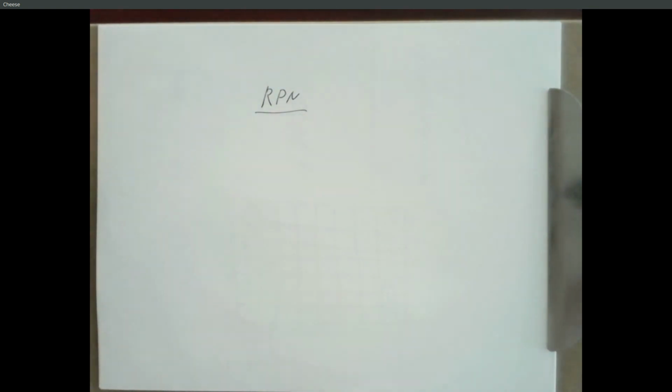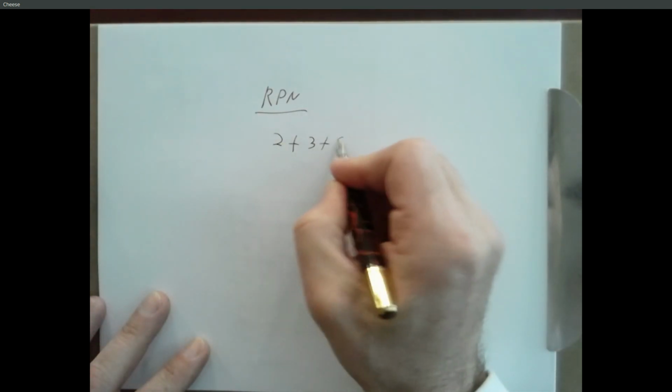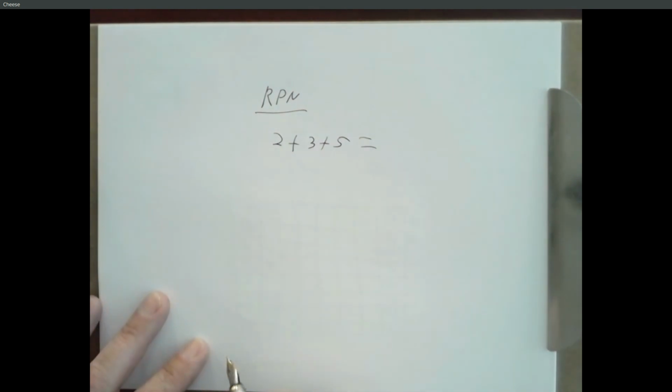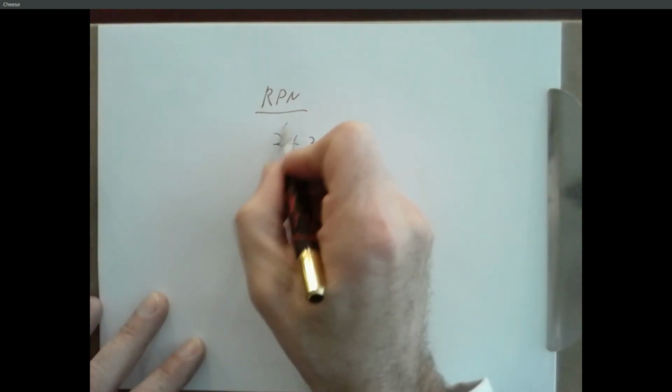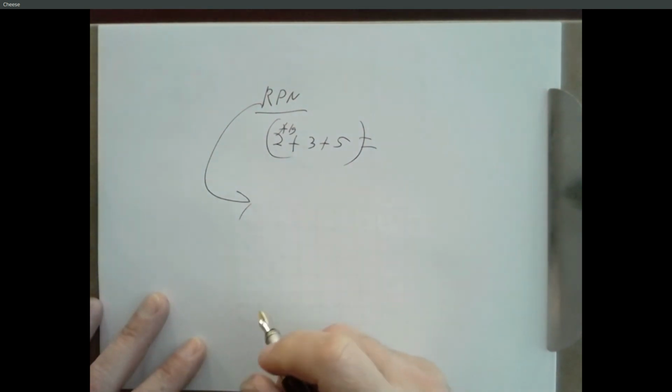So when pocket calculators were first being developed in the 60s, I believe, normally they work the way that calculators work today. If you want to do 2 plus 3 plus 5, you say 2 plus 3 plus 5 equals. Okay, that's algebraic. In reverse Polish notation, though, the operation came after the operands.